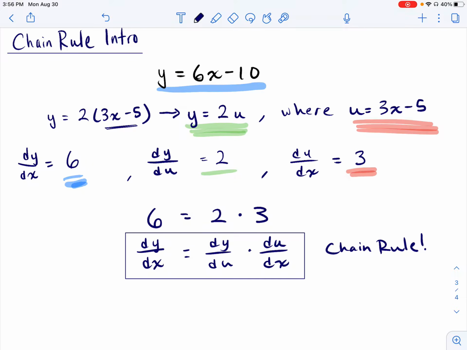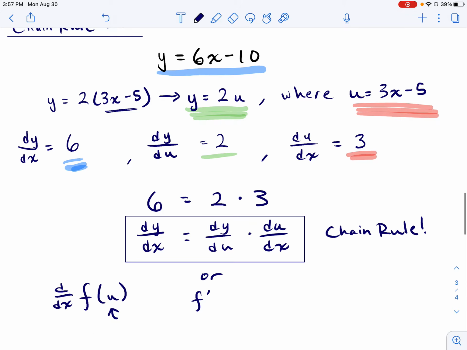Another way of writing the chain rule is the following. If we have the derivative of some function of u, where u is another function, then the derivative of f of u is f prime of u times u prime.